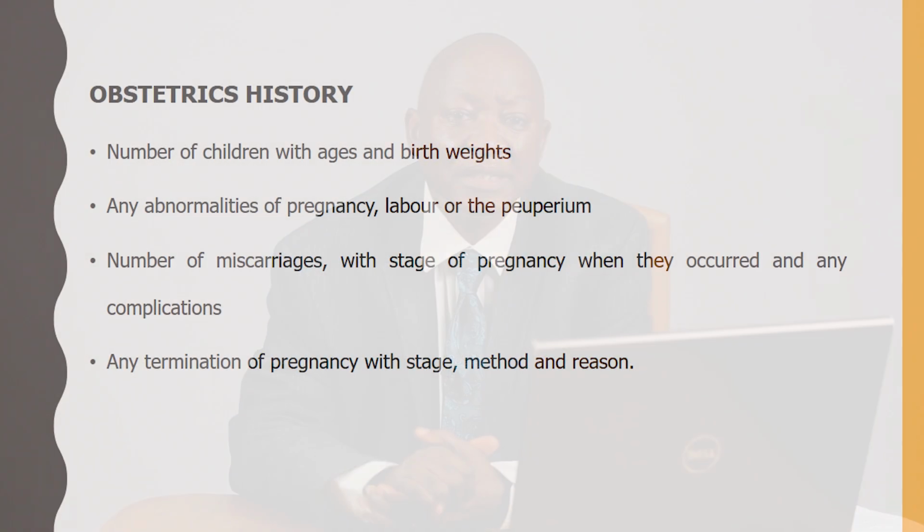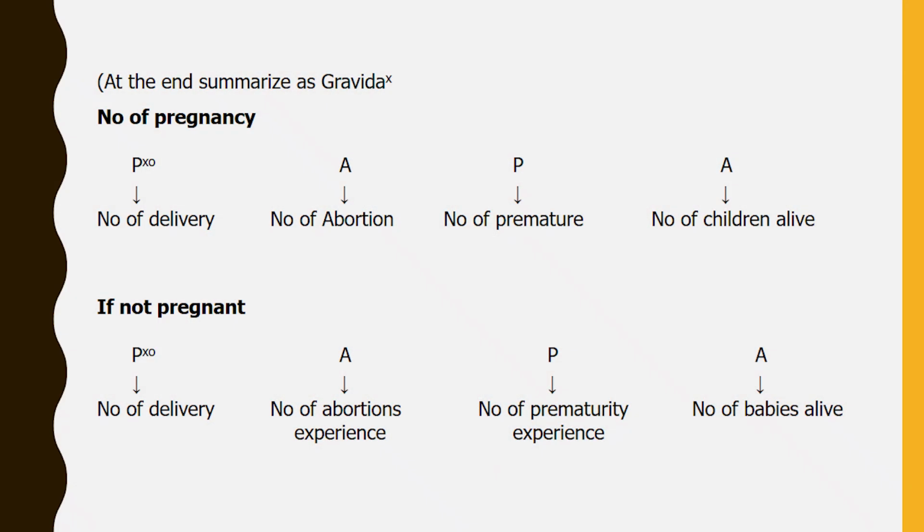It's also important in this segment to know the type of abnormalities of pregnancy that occurred in those pregnancies, like premature delivery or preterm rupture of membranes, or even simple anemia in pregnancy, or bleeding. You need to know all these things.